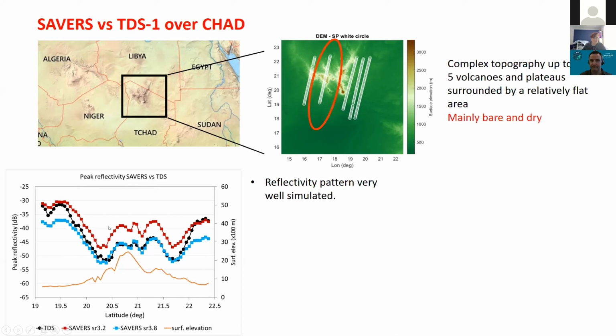And the red squares report a simulation with a smaller surface roughness. We see that the reflectivity pattern is very well simulated.